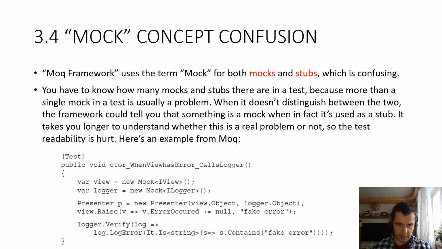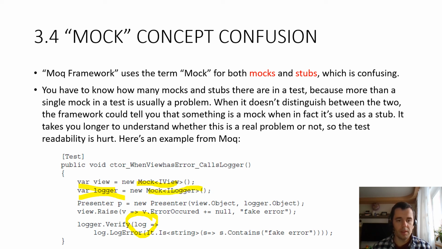So here's an example. We have two mocks, one for view, one for logger, and here we verify that this log was called in a specific way. To distinguish this, we have to know which of these two mocks, either the view or the logger, is a stub or a mock.